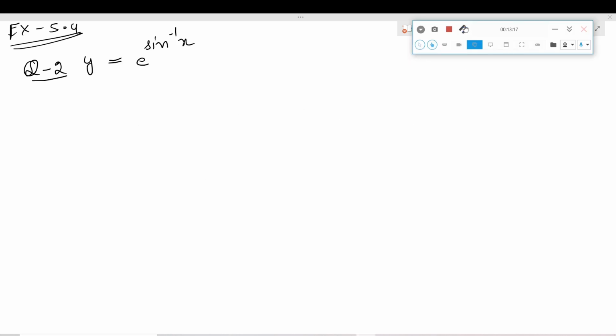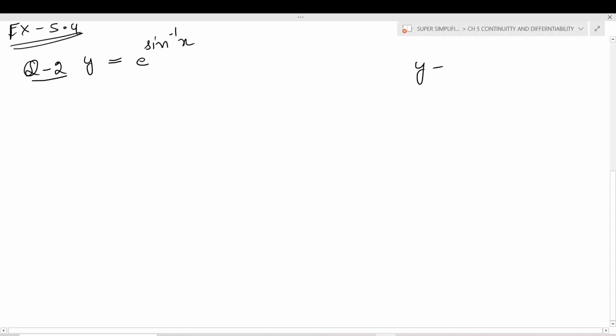Question number 2 of exercise 5.4: y is equal to e raised to the power sin inverse x. Right now I explained the formula that if you have a function of this type, y equal to e raised to the power f(x), then its derivative is going to be e raised to the power f(x) into f dash x.